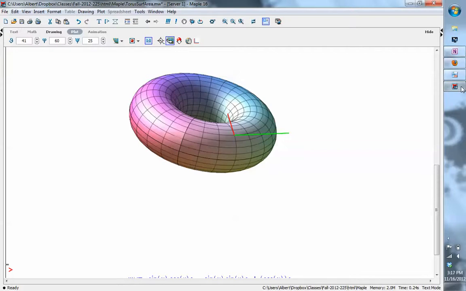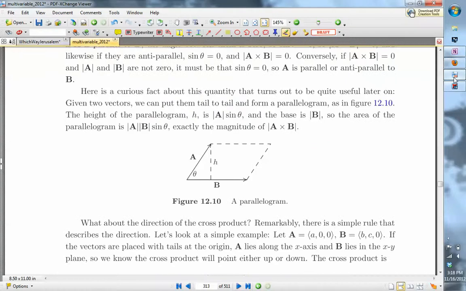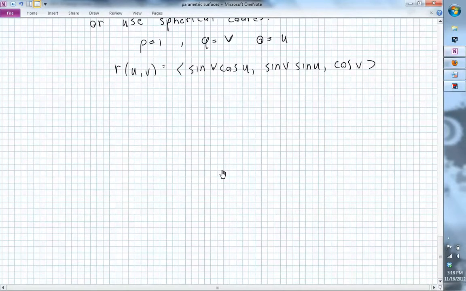Now, I'm not going to do a full-on proof about how long these guys should be. What I'm going to do is write a formula for you, and then just try to argue why it's the right formula.